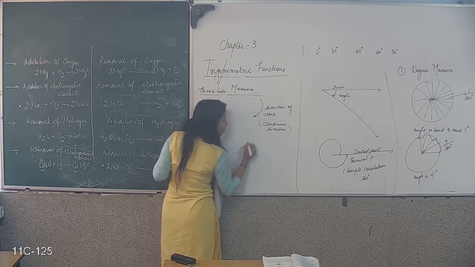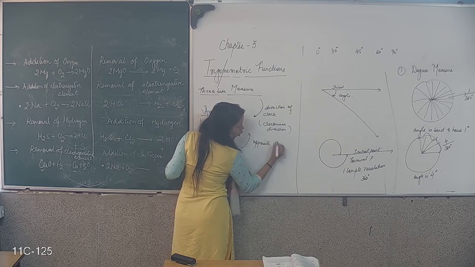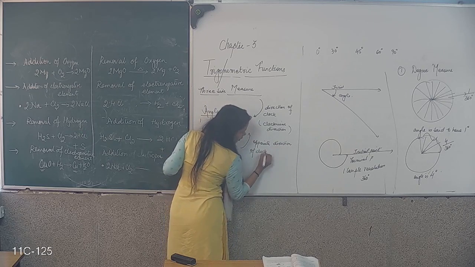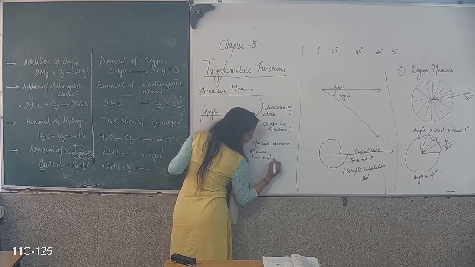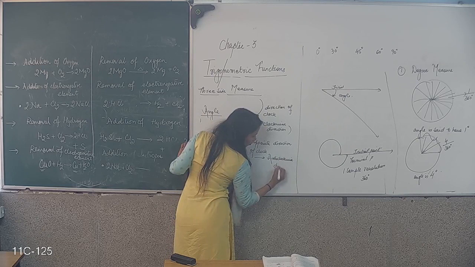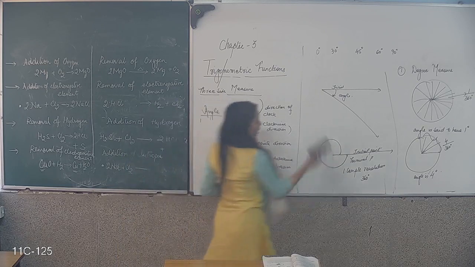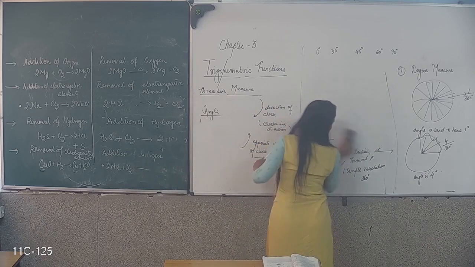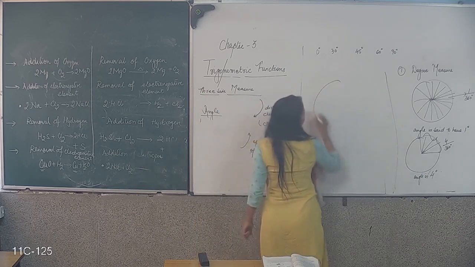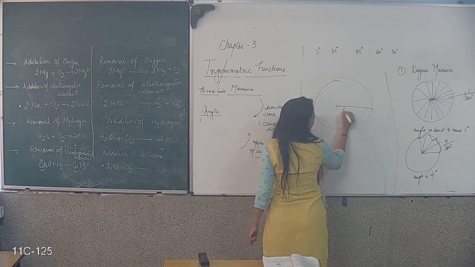If we move in the opposite direction of the clock, very important, opposite direction of the clock, we say it is anti-clockwise direction. Okay? Now, when we are measuring my angle, for example, this is my circle, and from here, this is my initial side.